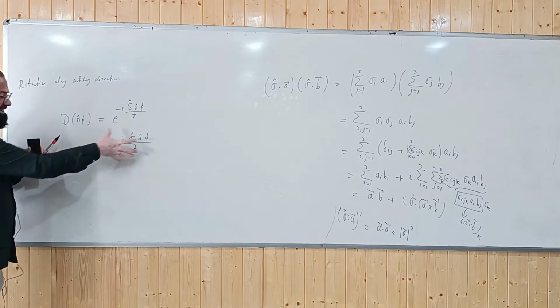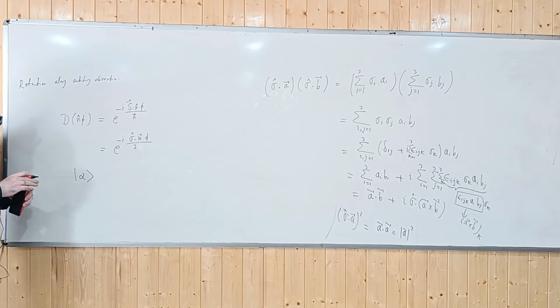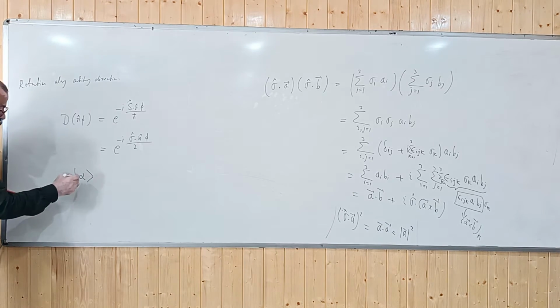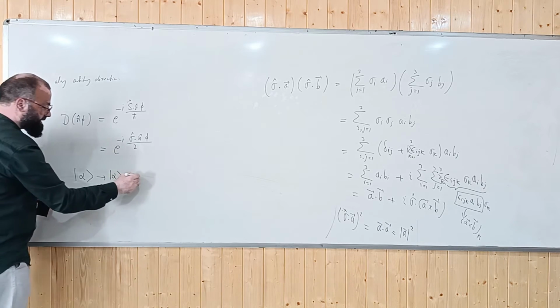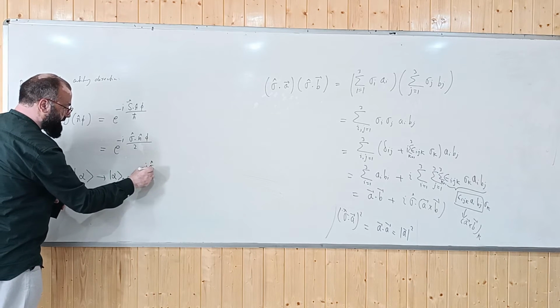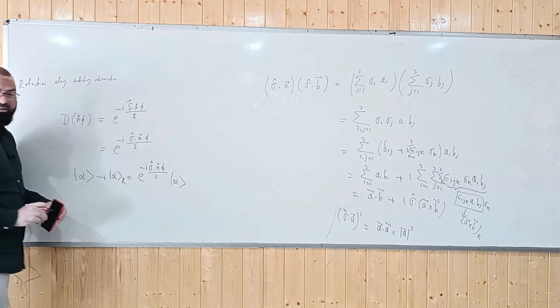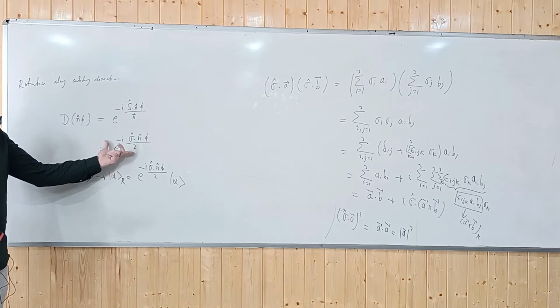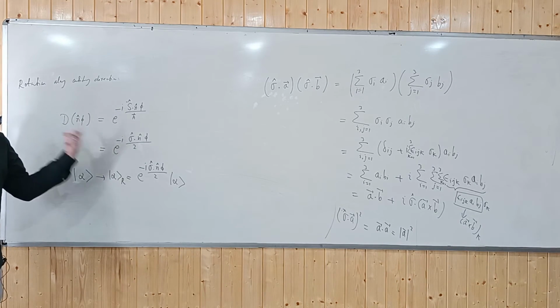Clear? Apply this very operator. What I mean by that, you are having a spin half particle described by alpha. So this will be rotated through this thing along an arbitrary direction. Clear? So now let's figure out how it looks like. What is the form of this very operator?